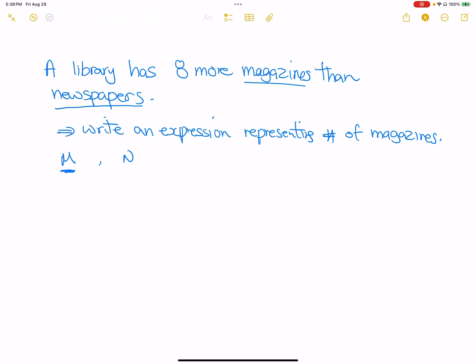How are they related? Whenever we have 8 more magazines than newspapers, meaning that if we take the number of newspapers and we add 8 to it, this represents the number of magazines.